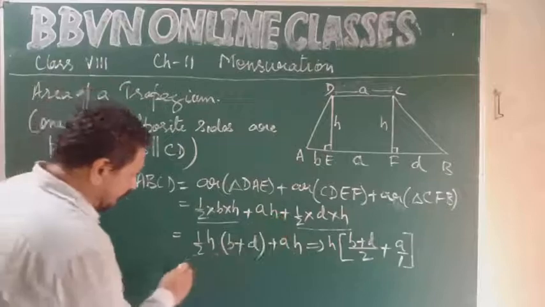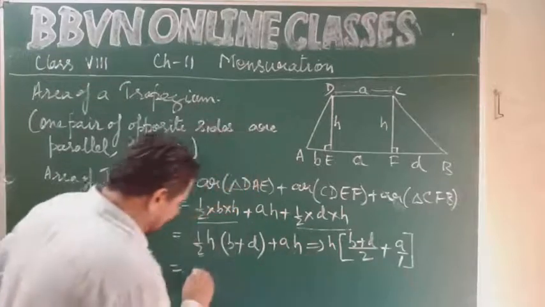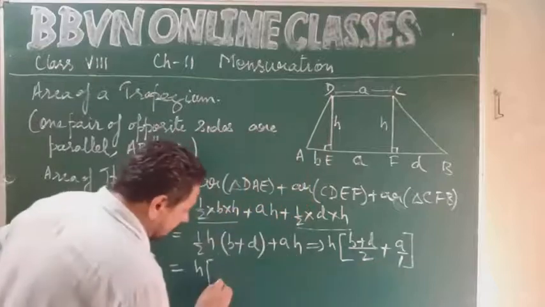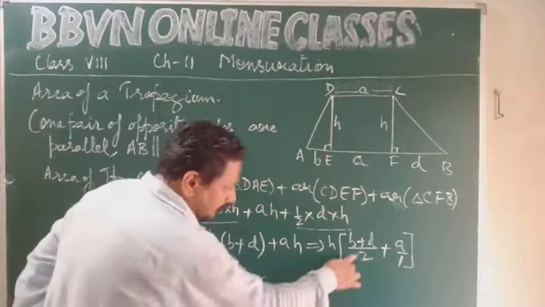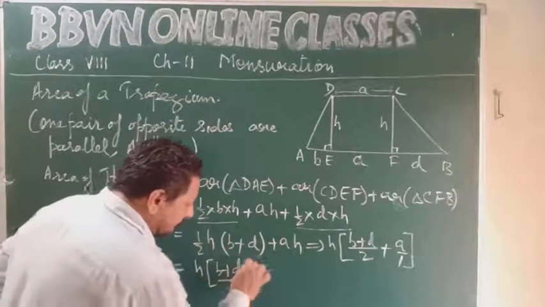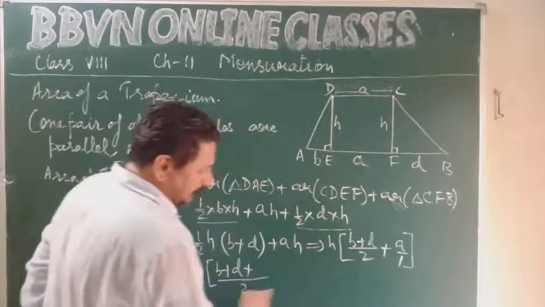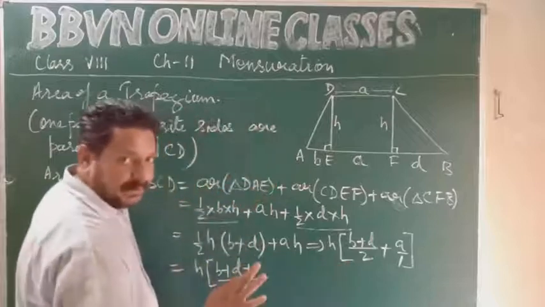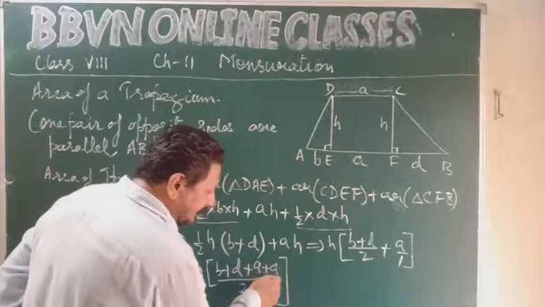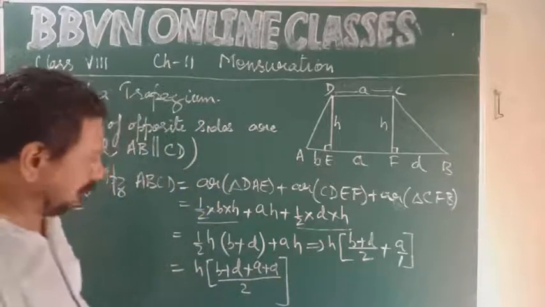Right? Now you see h. Can I take LCM here? So 2 is LCM. 2 goes one time. 1 into b plus d is b plus d, plus 1 goes 2 times, 2 into a is 2a. I will write 2a as a plus a.